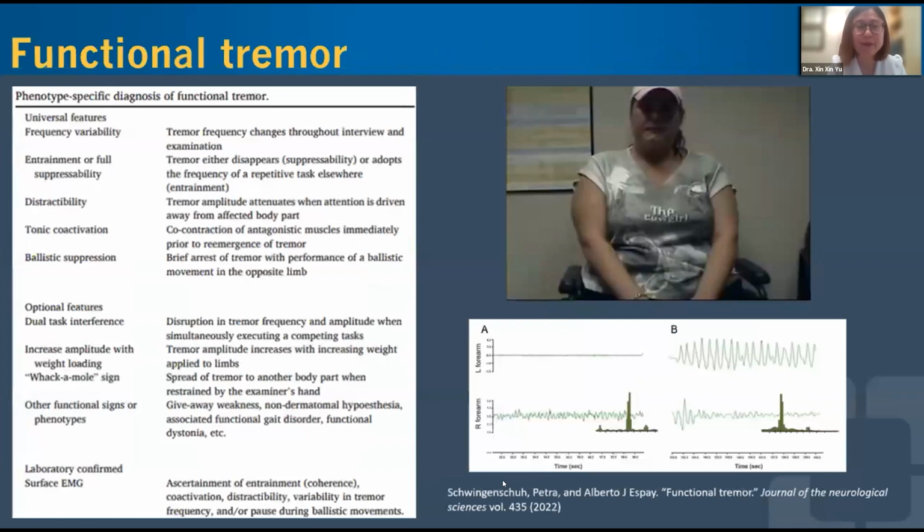Let's dive into each phenotype. Functional tremor, outside of the mixed subtype, is by far the most common phenotype of functional movement disorder. The core features of functional tremor: number one, variability.